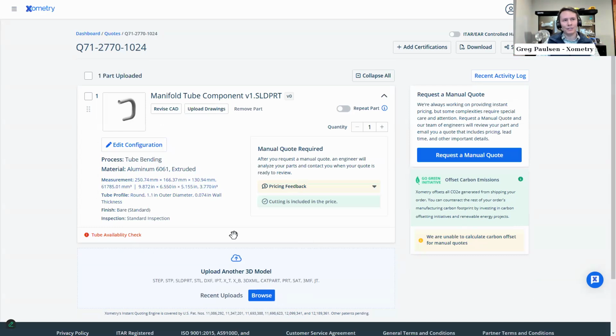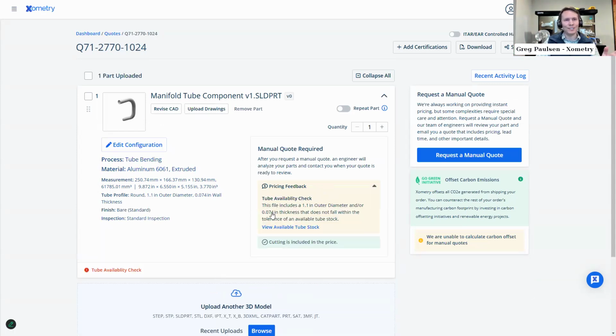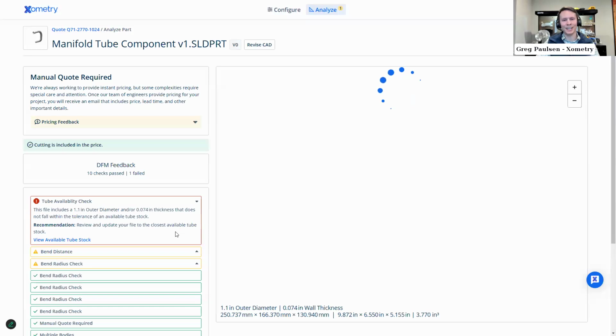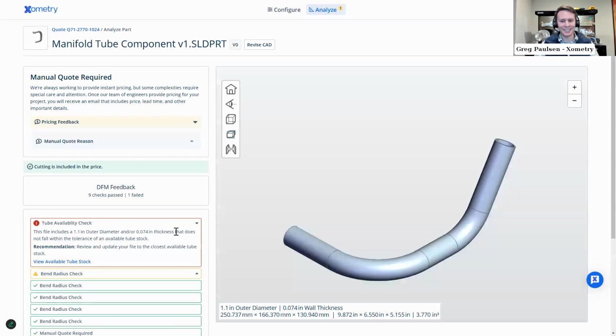And I have uploaded this file. I have this identified as tube bending, but, and I did this on purpose, something's up. So I'm going to click in here and look at the analyze really quickly. So one of the most important things, like I said, is there's things that we'll talk about today: centerline radius, distance between bends, tube stock size.